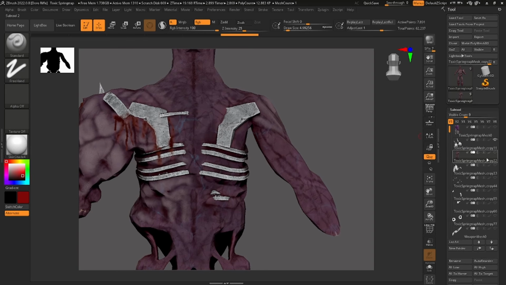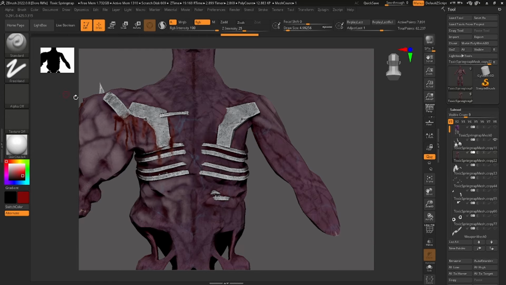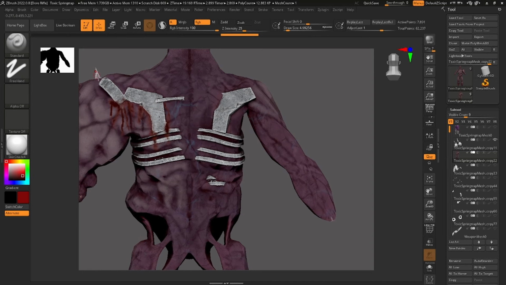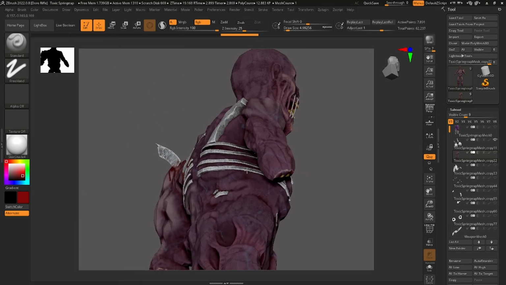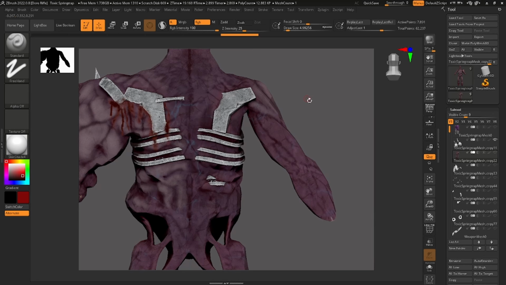Now, I don't think... Yeah. Just like the default skin with the animatronic spine, these are part of the model, so I can't hide them.